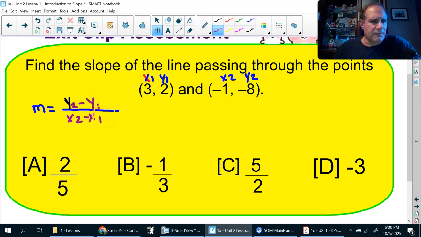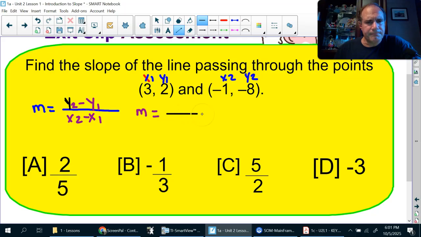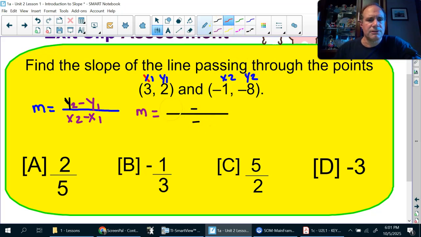So there it is. And then we're going to put down m equals. We're going to put the line down. And remember, put the minus signs in. Make sure you put that minus sign in.